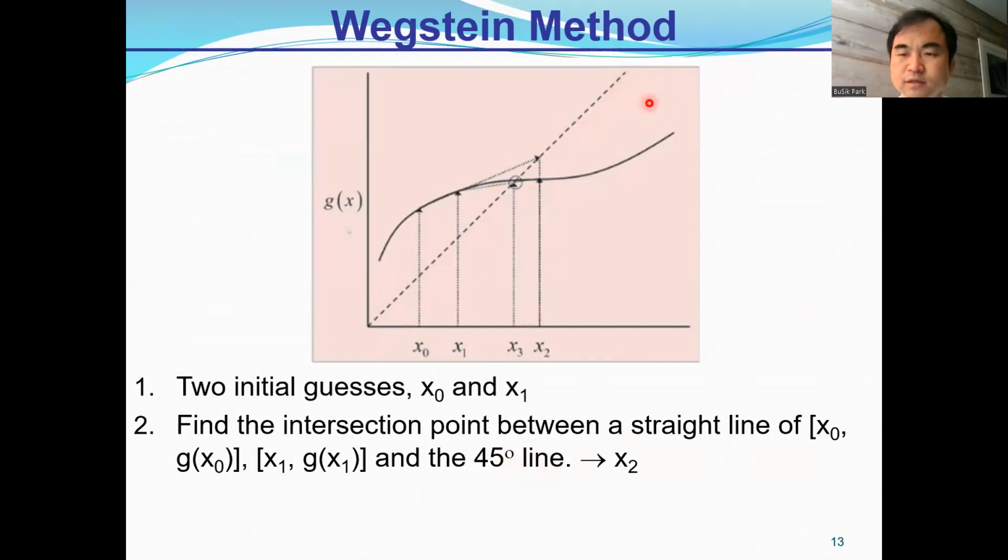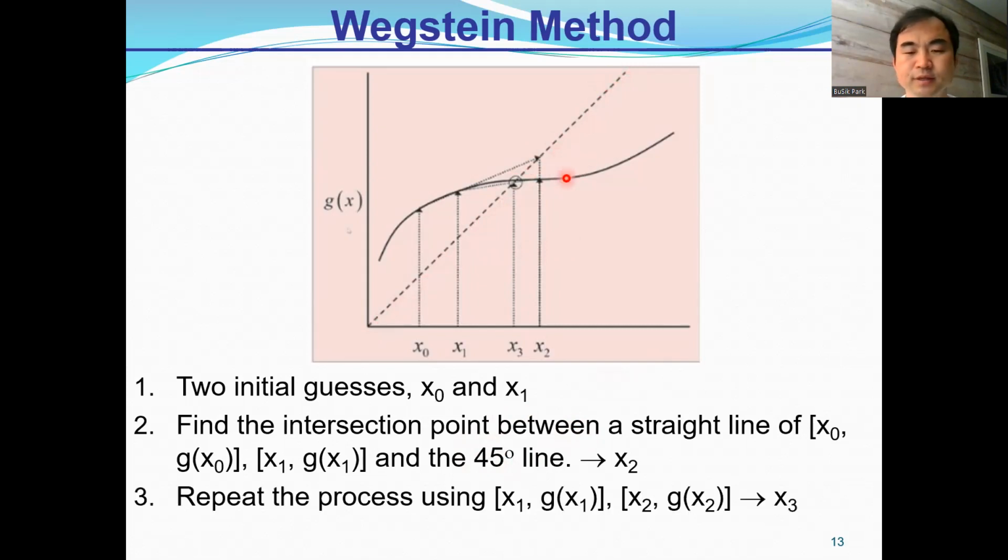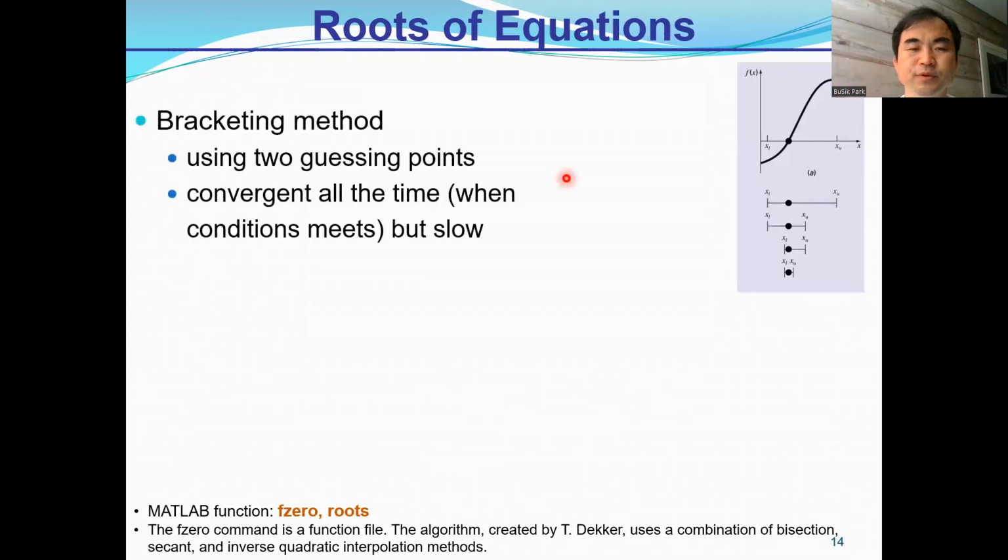It means y equals x, and the tangent of 45 degrees equals 1. So the derivative of this first order equation is 1, and so we can calculate the point.